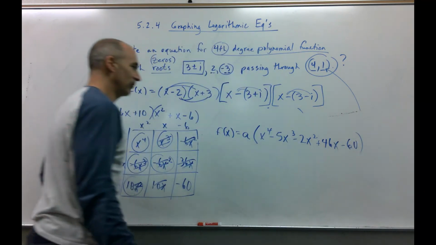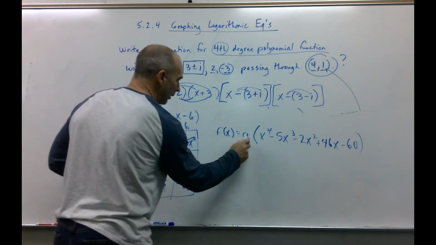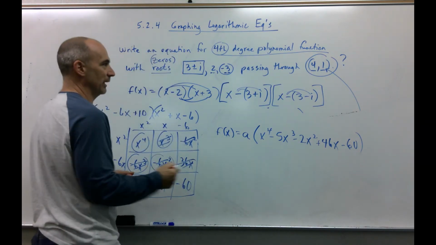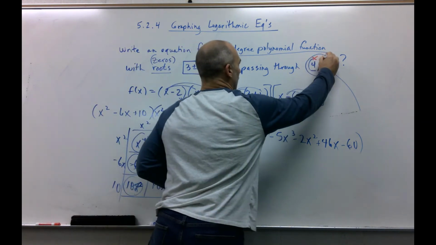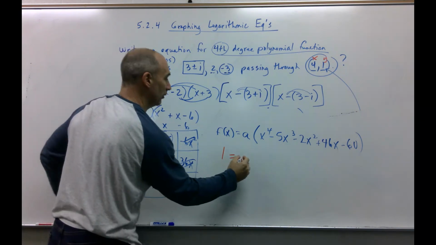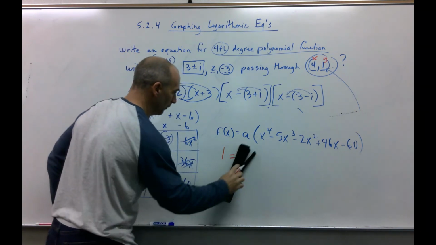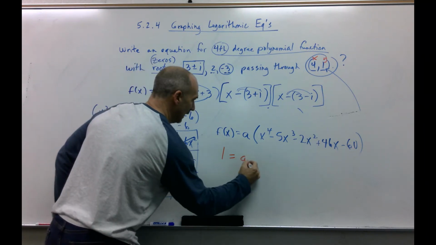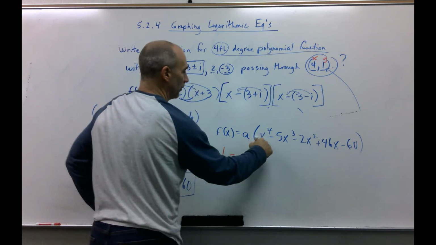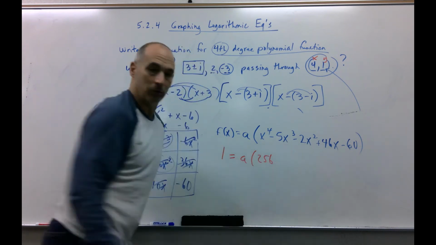And we're still not done. We still need to find our letter a, our leading coefficient. That's the twist. So my x is 4, my y is 1. So 1 equals a times the polynomial at 4. Whoa, don't make a mistake now. a times 4 to the 4th is 256. Uh-oh. Get this far and screw up?